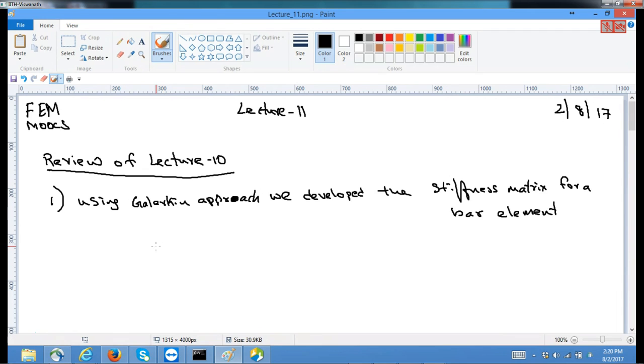We showed that K for an element is defined as the integral of dN/dx transpose, AE, dN/dx dx, from 0 to L. This is your K matrix.